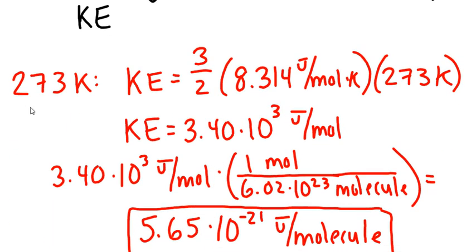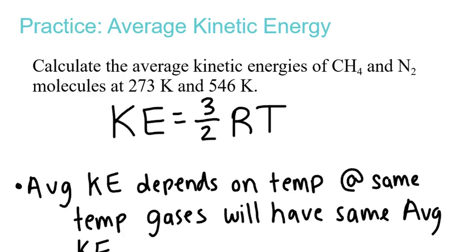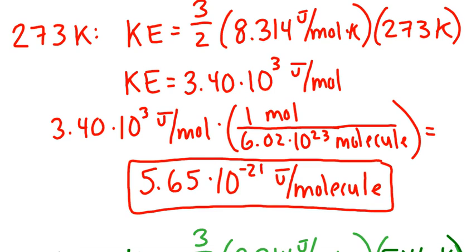So if we're talking 273K, well, 273 times that R factor times 3 over 2 gives us this value right here. So 3.4 times 10 to the third joules per mole. Up here, it says average kinetic energy of these molecules, and we want to know it per molecule, not per mole. So for every 1 mole, there's 6.02 times 10 to the 23 molecules.